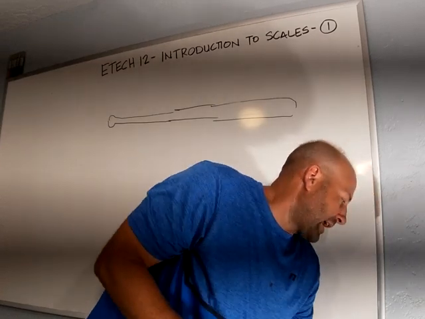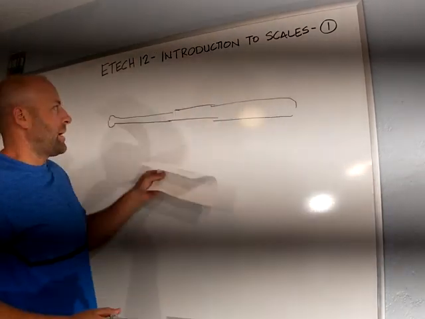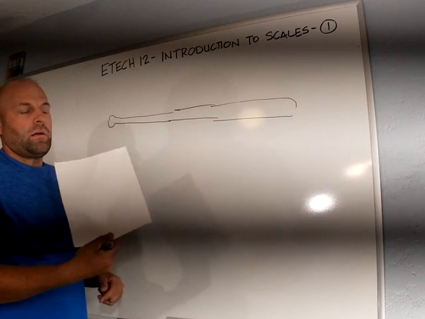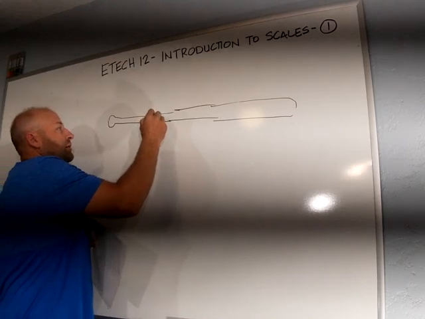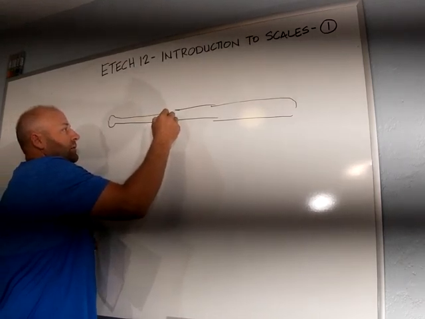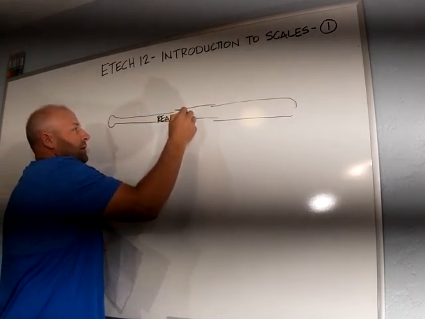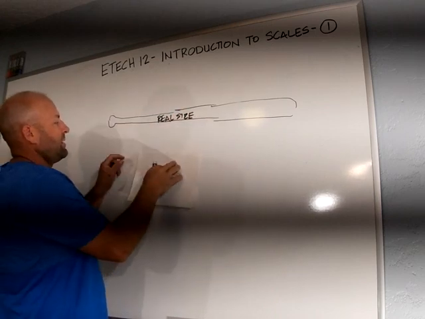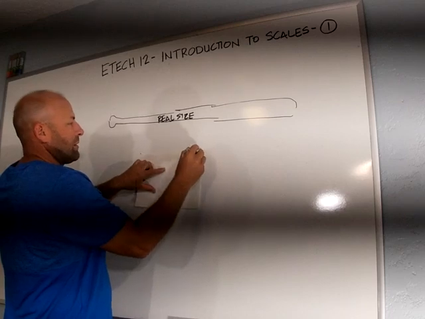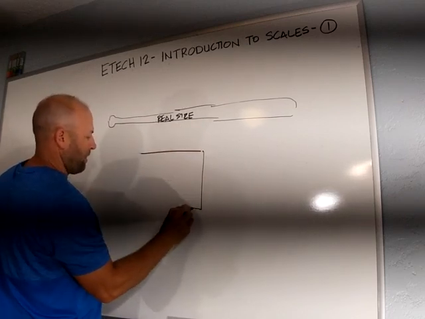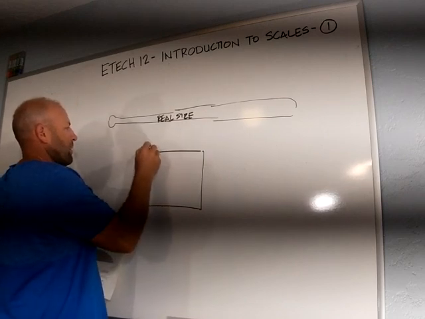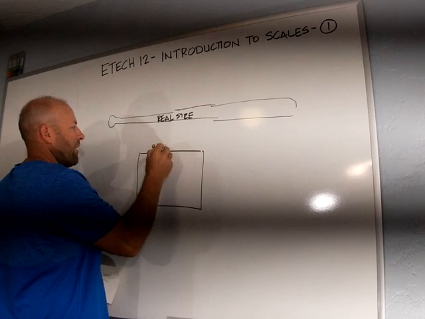No matter how skilled I think I am, I'm not going to be able to draw this bat on this piece of paper. This is the real world size. Real size. This is roughly the size of 8.5 by 11.